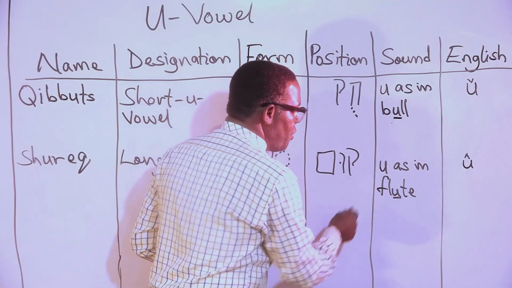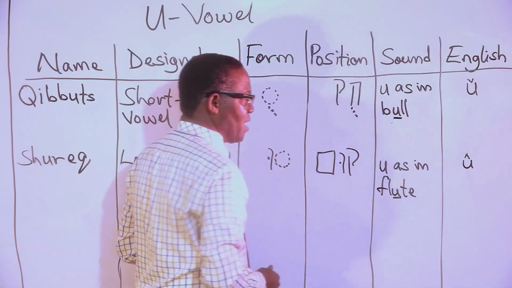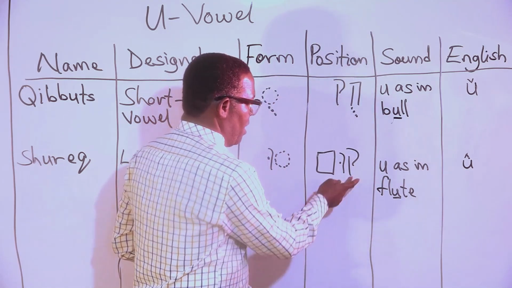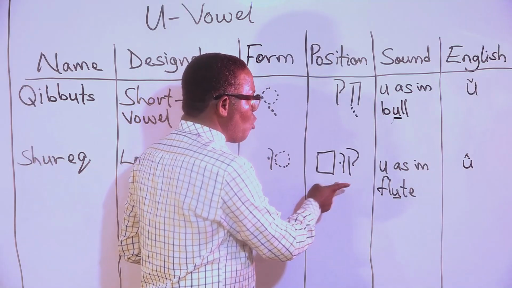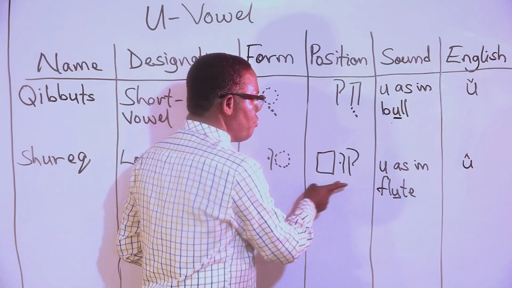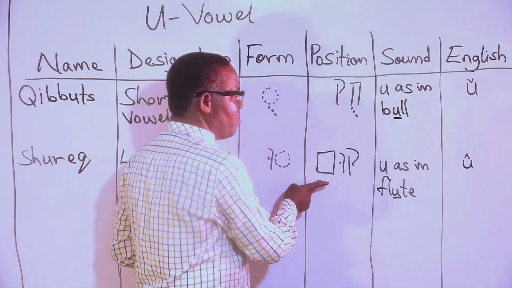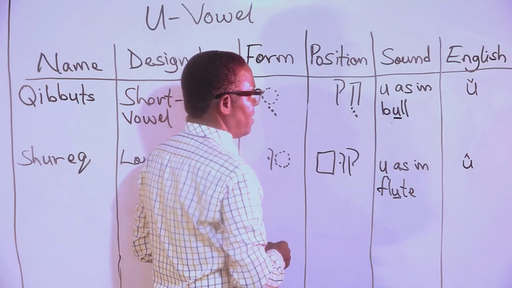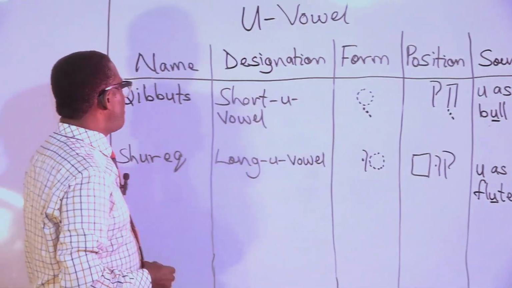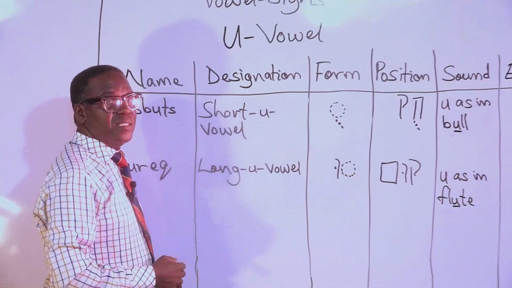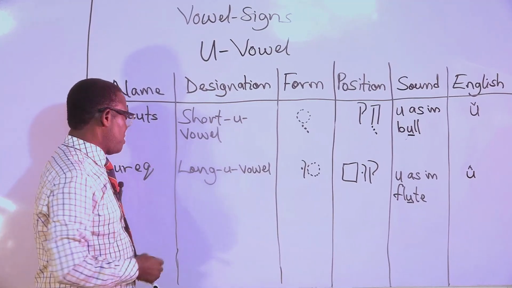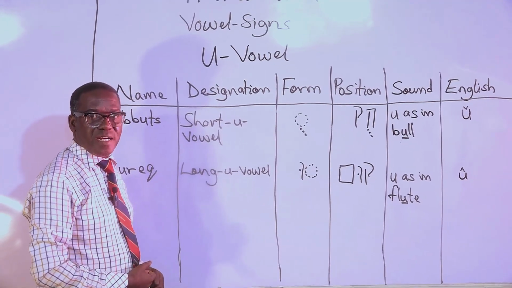It sounds as the U in flute, oo. In pronouncing this word, we have kum. See that turek is longer than kibbutz. These are the two U vowels in Hebrew, kibbutz and turek.